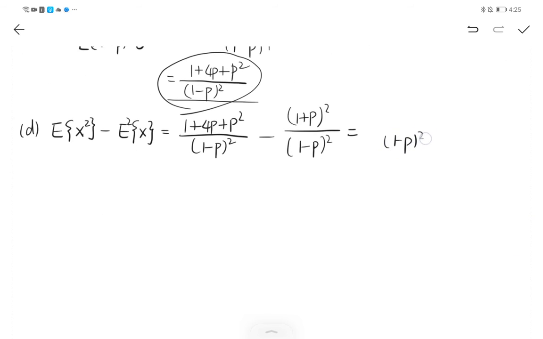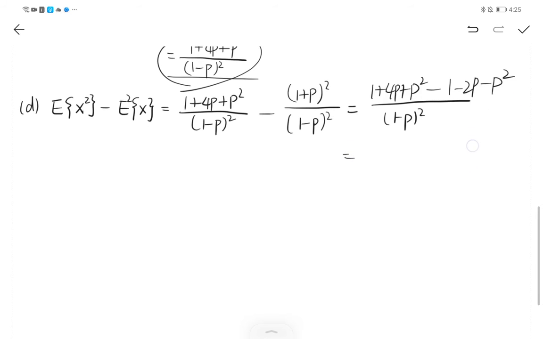That equals (1 plus 4p plus p to the power 2 minus 1 minus 2p minus p to the power 2) over (1 minus p) squared. It equals 2p over (1 minus p) squared.